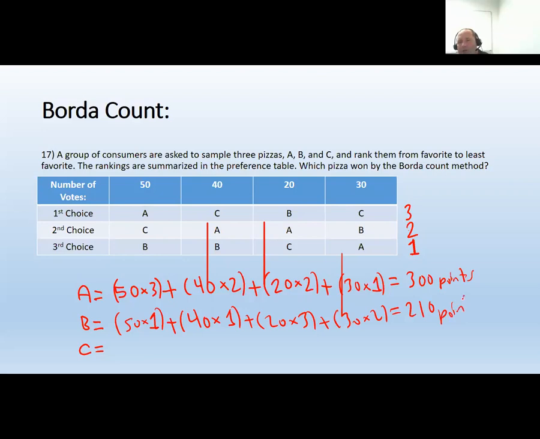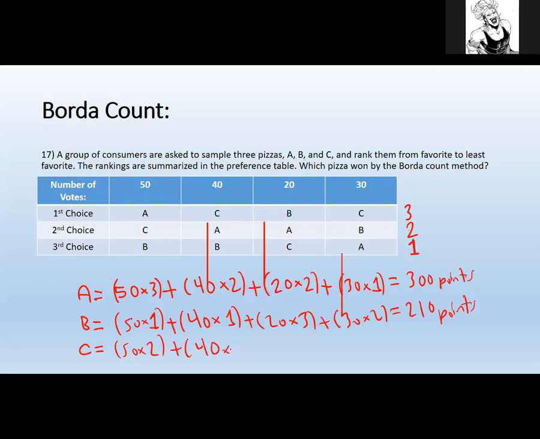So now we've got to calculate candidate C's points. For the 50 votes, C got 2, right? Plus these 40, C gets 3. Plus these 20, C gets 1.